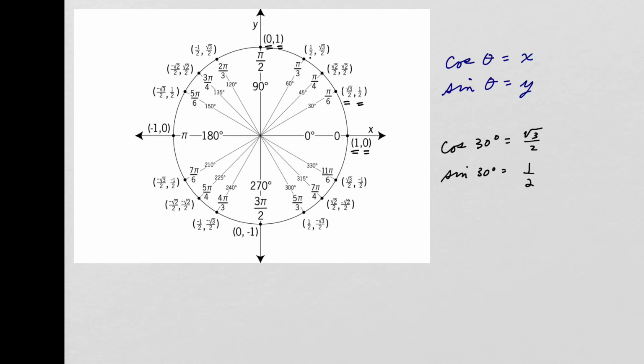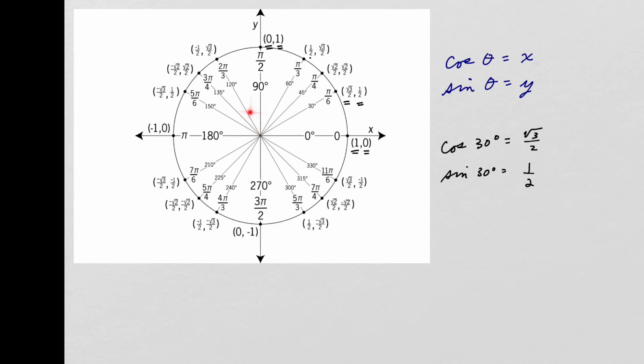And notice if you go to any of the other quadrants, let's say 120 degrees, the values, at least the absolute value of the sine and cosine, are the same as sine and cosine of 60 degrees. If you look at sine and cosine of 60 degrees, cosine is 1/2, sine is radical 3 over 2.